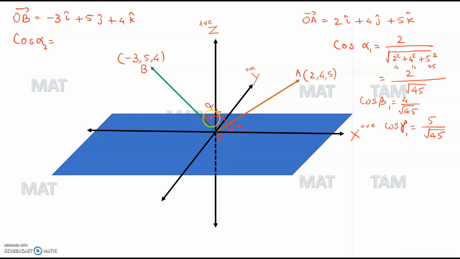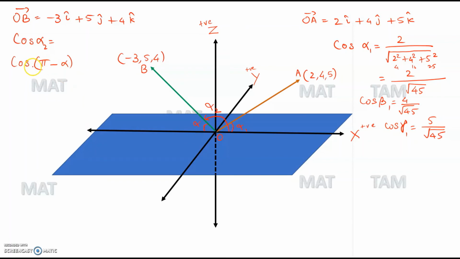Now my alpha 2 is obviously over 90 degrees. So I'm going to define this alpha 2 as pi minus alpha, where this is my angle alpha here.